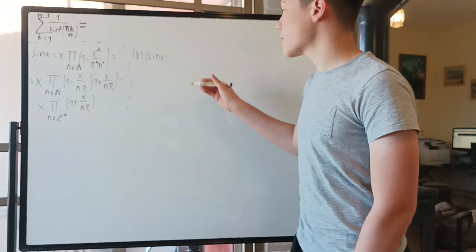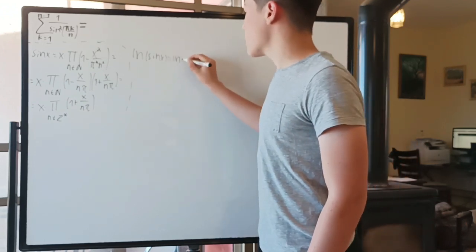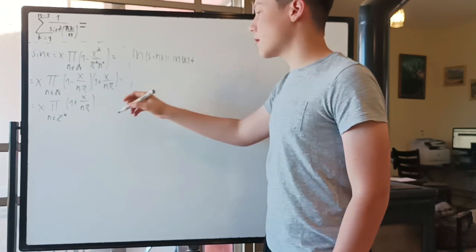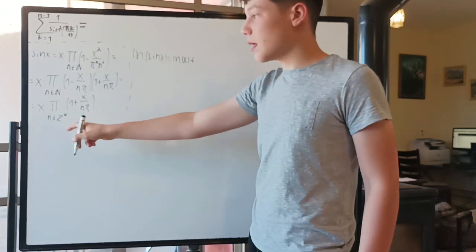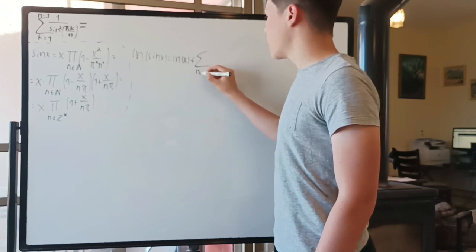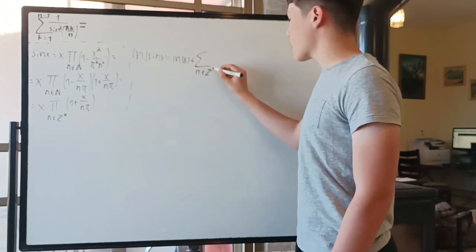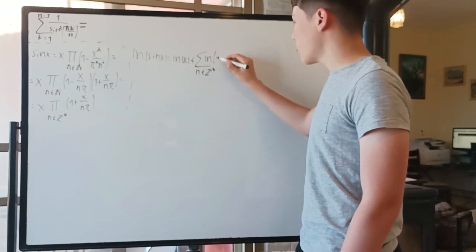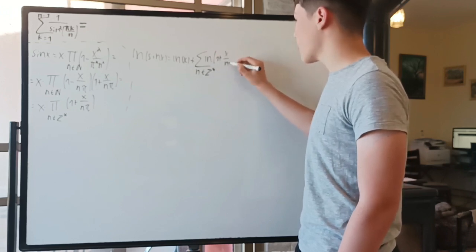So natural log of sine x is natural log of x plus, right, the product turns to a sum, and this infinite product turns to an infinite sum over n in Z except 0 of natural log of 1 plus x over n pi.